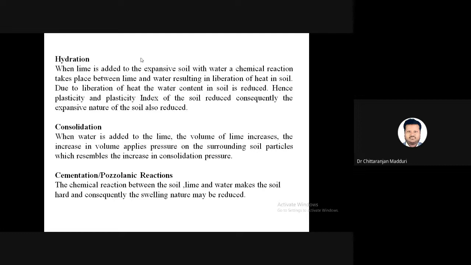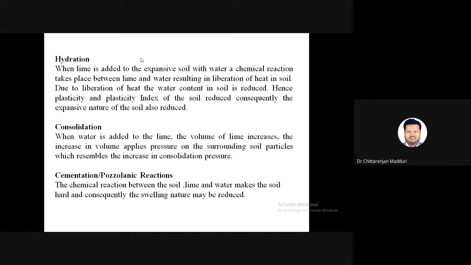Next, consolidation. When water is added to lime, the volume of lime increases, about twice. The increase in volume applies a pressure on the surrounding soil particles. As the lime increases its volume, it applies pressure on the surrounding soil particles, which resembles an increase in consolidation pressure.